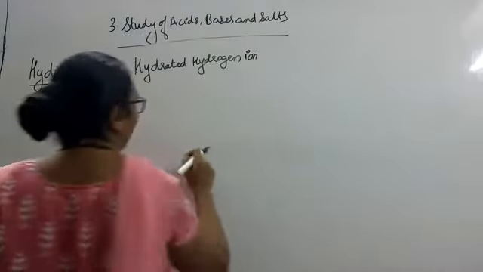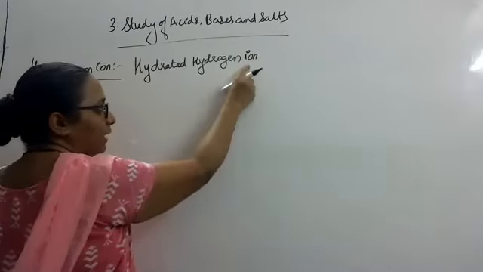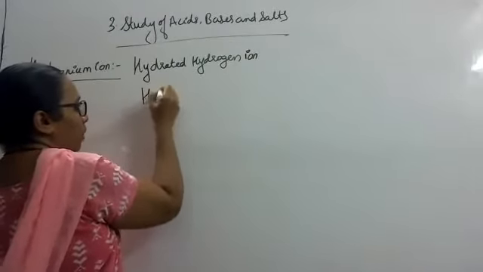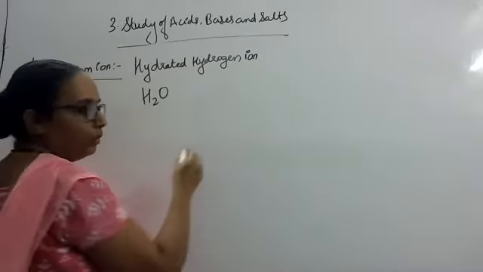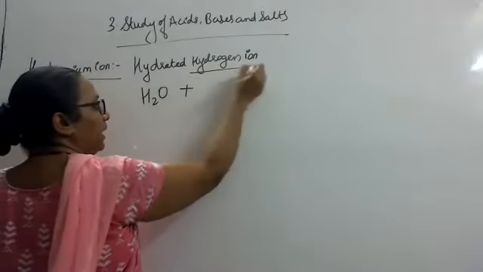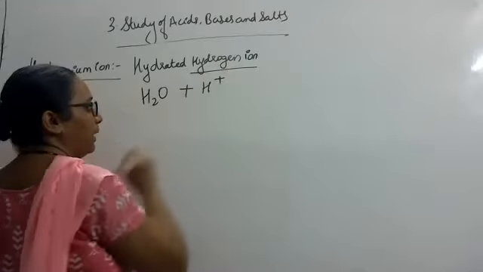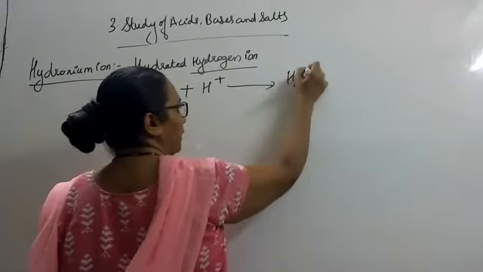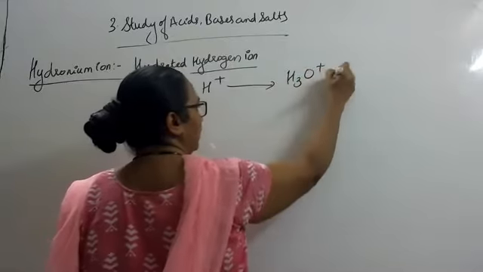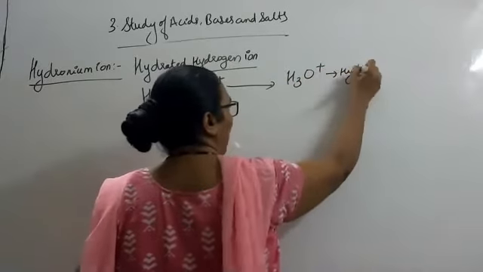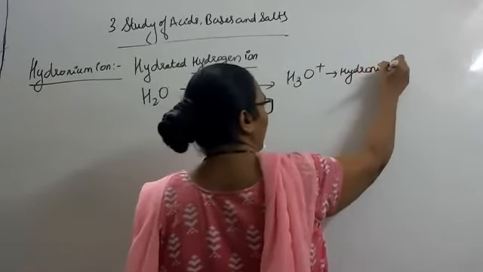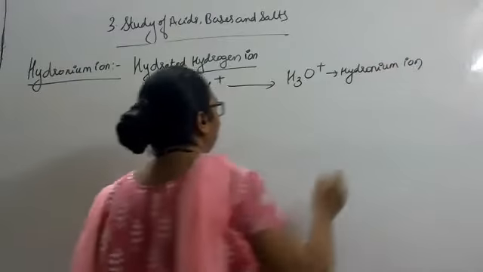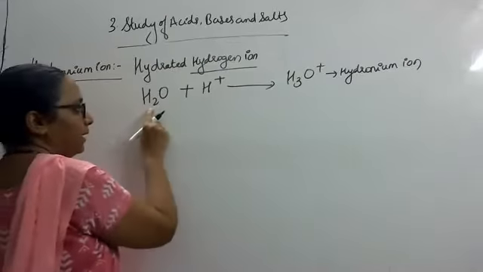See what hydrated hydrogen ion means? For the water molecule, when we add hydrogen ion, H plus, what do we get? H3O plus, the hydronium ion. H will add here.